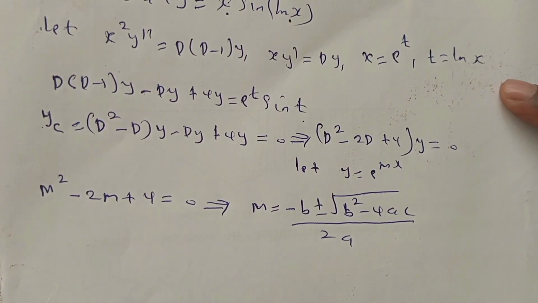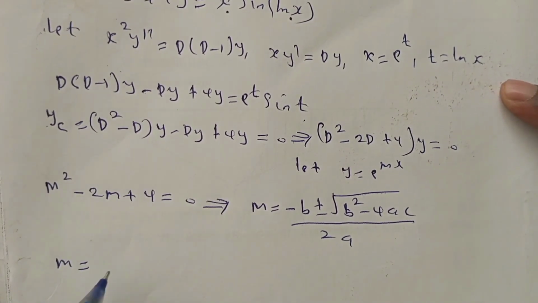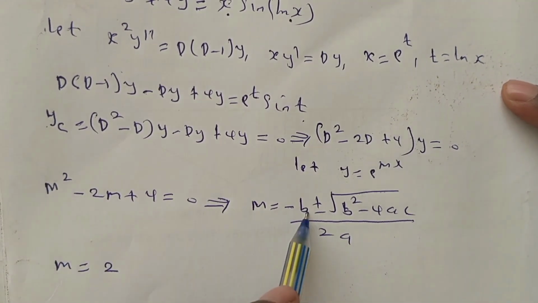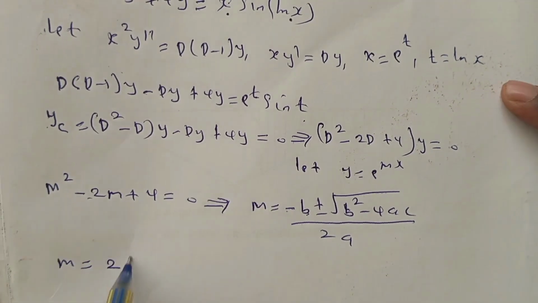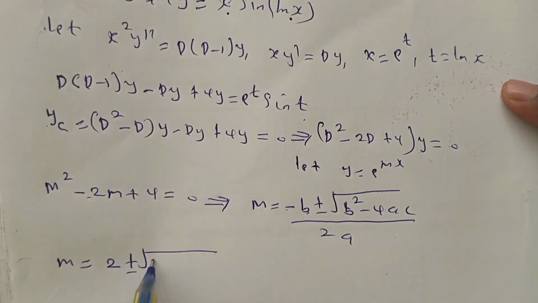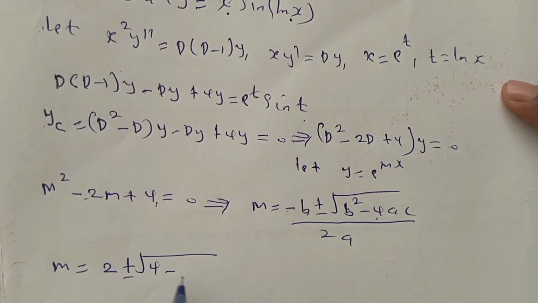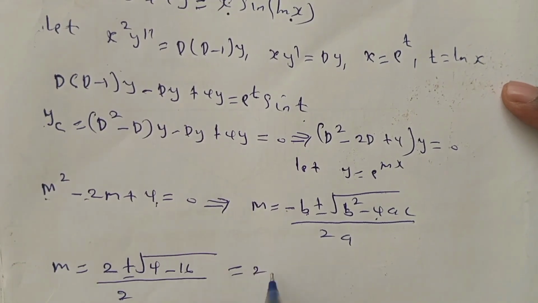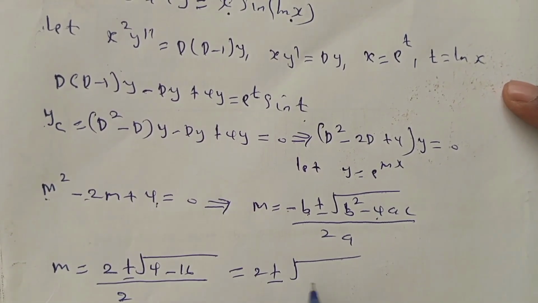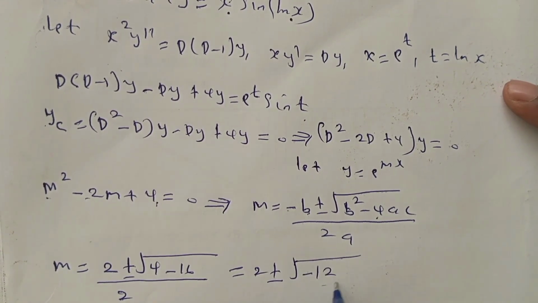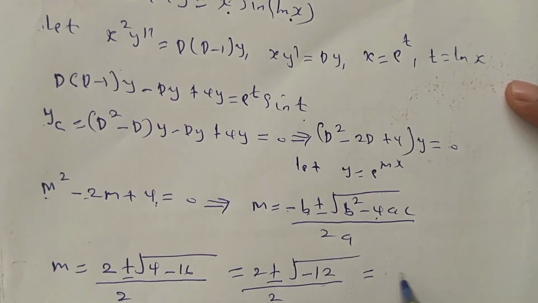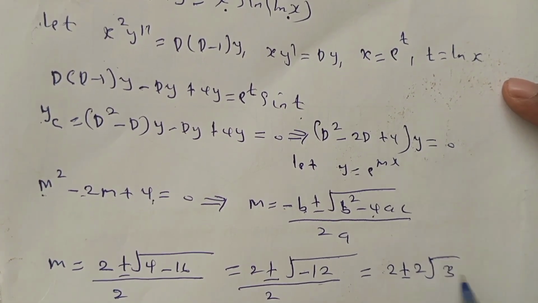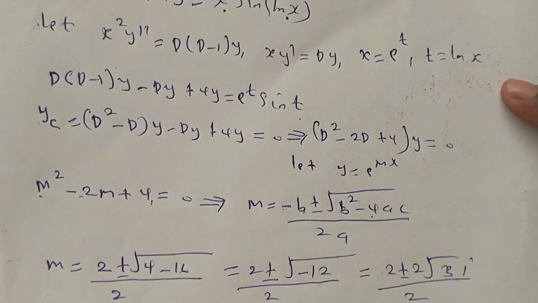So m will be equal to, our b is negative 2, so negative and negative become positive, 2 plus or minus square root of, when you square b squared, it gives 4 minus 4 times 4, which gives 16, over our a is 1, so 2a is 2, which is equal to 2 plus or minus square root of negative 12 over 2, which is equal to 2 plus or minus 2 into bracket root 3 i divided by 2.